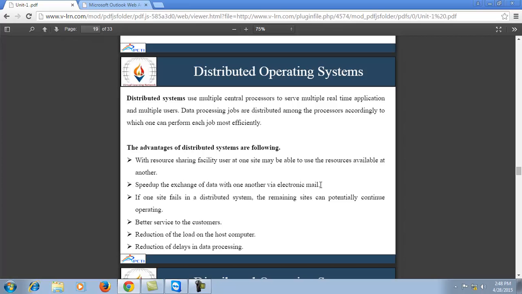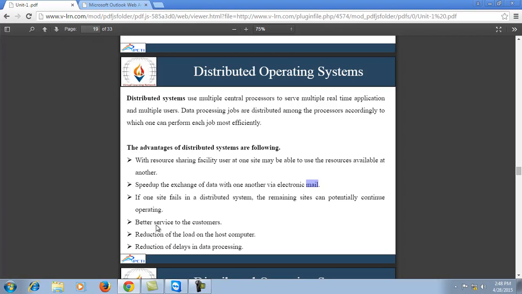We can exchange our data or information using the email system. If one site fails in a distributed system, the remaining sites can potentially continue operating. There is no effect if one system gets dumped. If one system fails, the other systems will continue working smoothly. There is not any kind of effect.